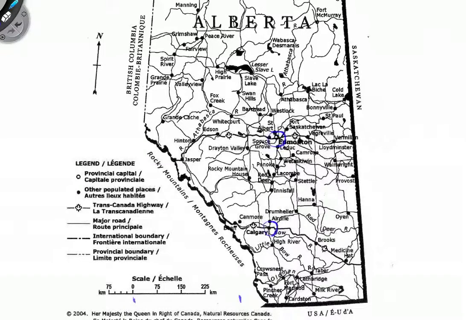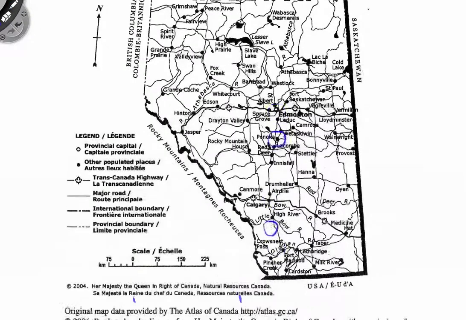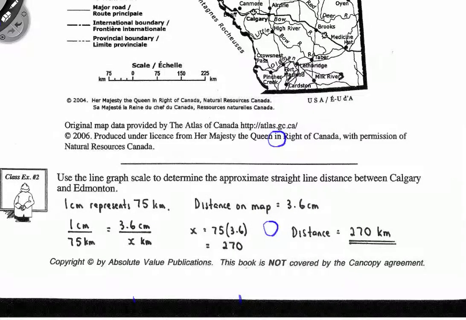So let's scroll down and have a look. They're saying that 1 centimeter represents 75 kilometers, as it does, and we measure on the map 3.6 centimeters. Using the line graph, we can say that 1 centimeter is 75 kilometers.